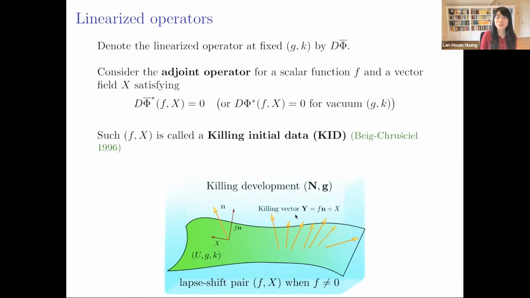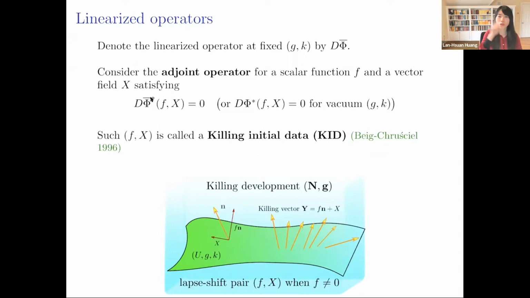So we see this is very useful. At least we have been using it to prove a lot of things. What will be most relevant is the linearized operator. Here we have a background g and k, and we define the modified operator, and we are going to linearize at the background g and k. We will keep the subscript g and k here, which denotes this linearized operator. But in fact, we're looking more at the adjoint operator, which we denote by this star.